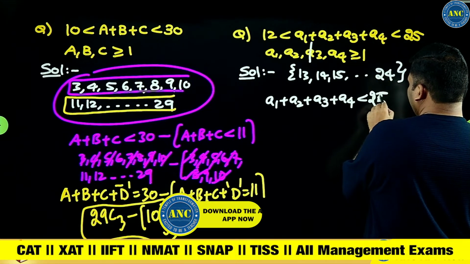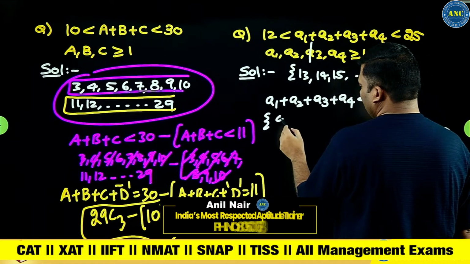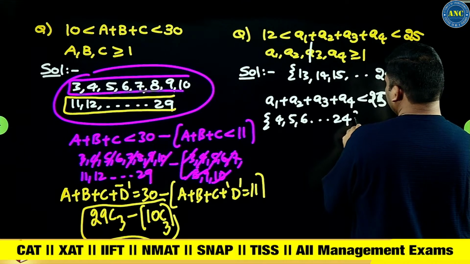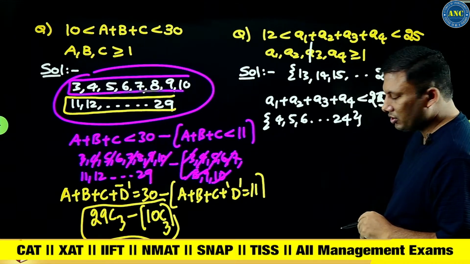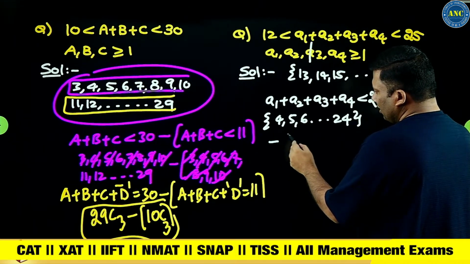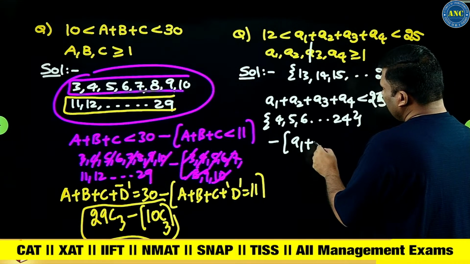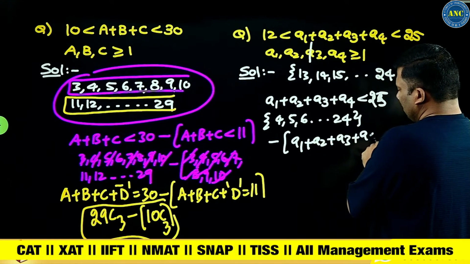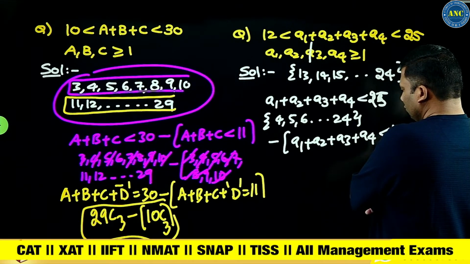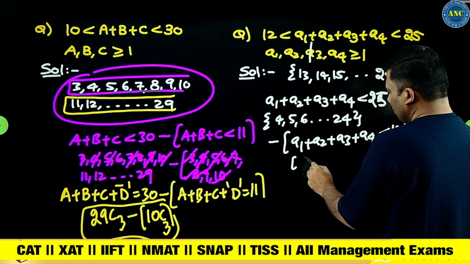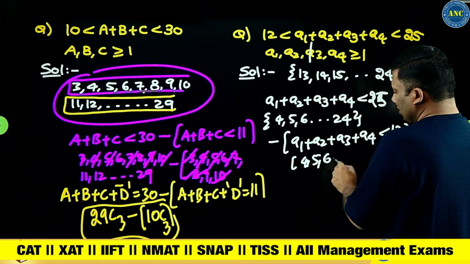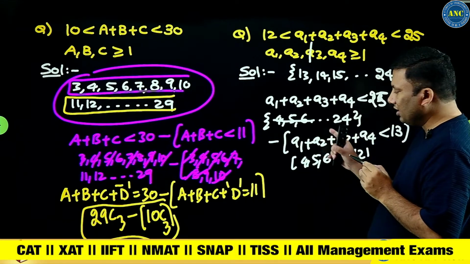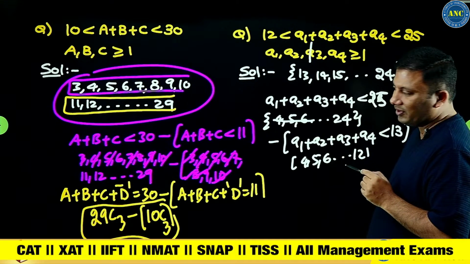Less than 25 means 4, 5, 6 and so on up to 24. Am I right? In that one, minus a1 plus a2 plus a3 plus a4 less than 13, which means 4, 5, 6 till 12. If it gets cancelled, remaining will be 13 to 24.